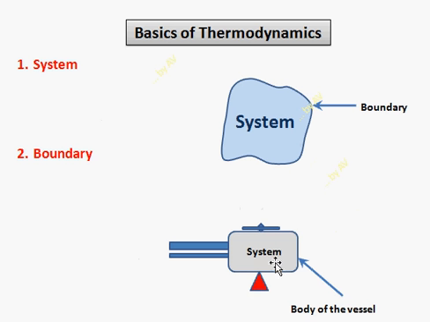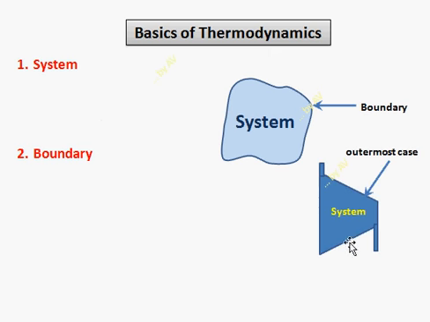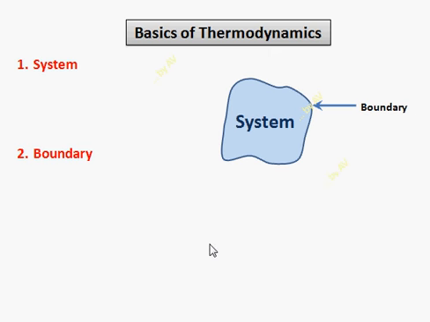If you take the pressure cooker, the outermost aluminum layer can be taken as the boundary. Again, if you are taking the compressor to be a system, then its outermost layer can be treated as boundary.